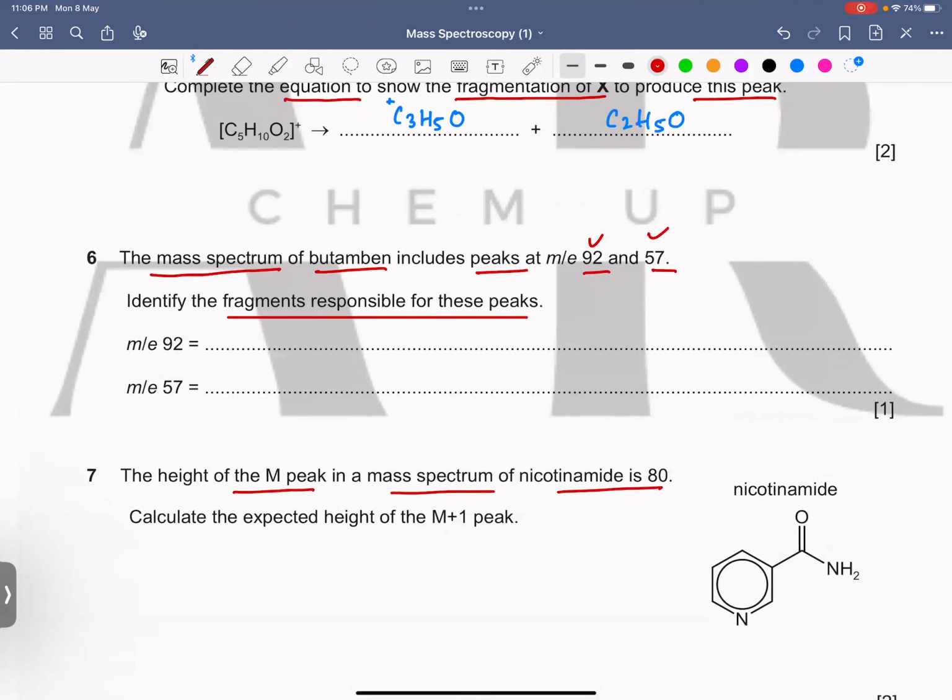If there is no other element over here, then it can be C7H8, for example. How many carbons? What's 12 times 7? 84.